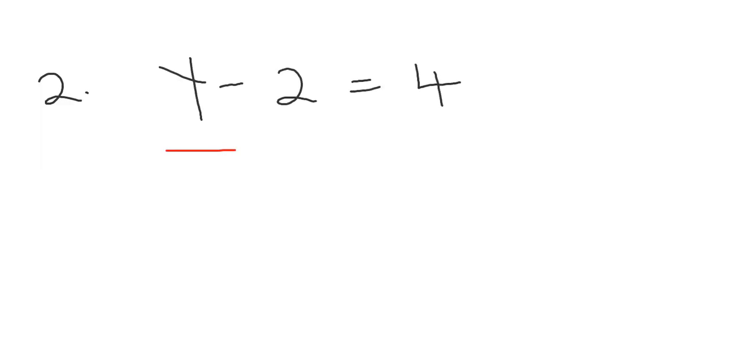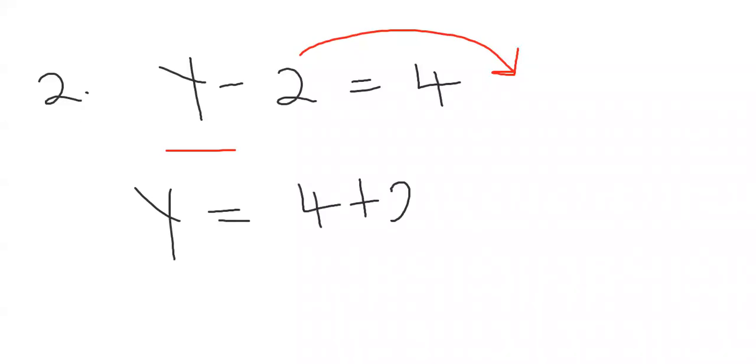So to do that, you do the same thing, collect like terms. So take this negative 2 to this other side so that you now have like terms on one side. And then this side, it means you're going to be left with what you are interested in, which is the y. And that side, you're going to have 4 plus the 2.